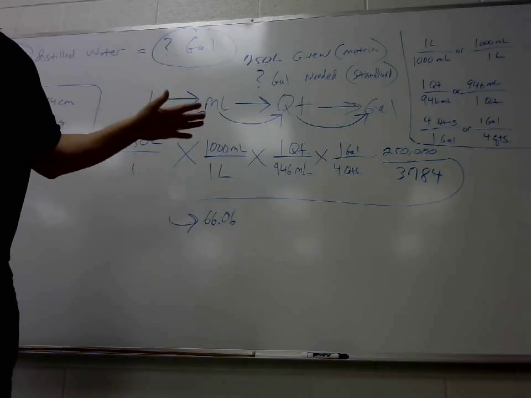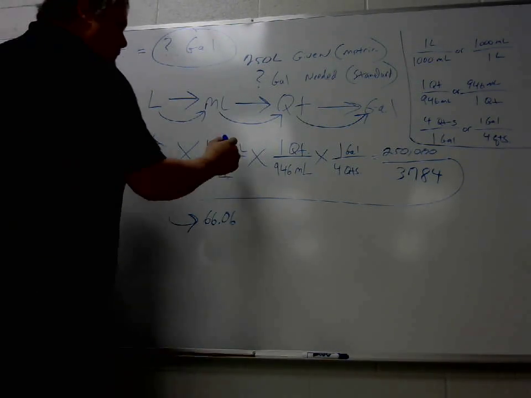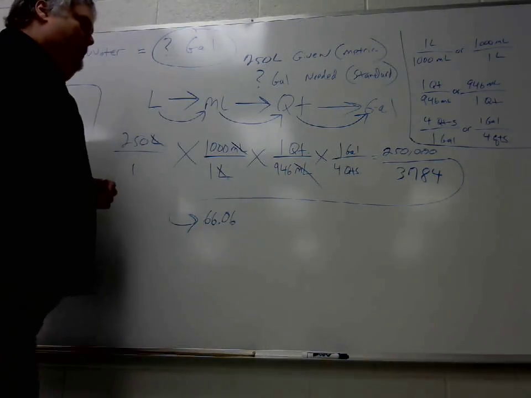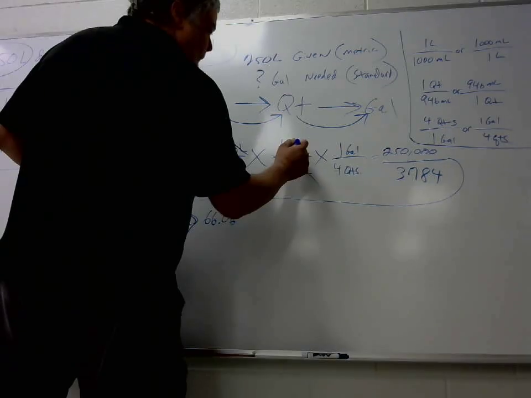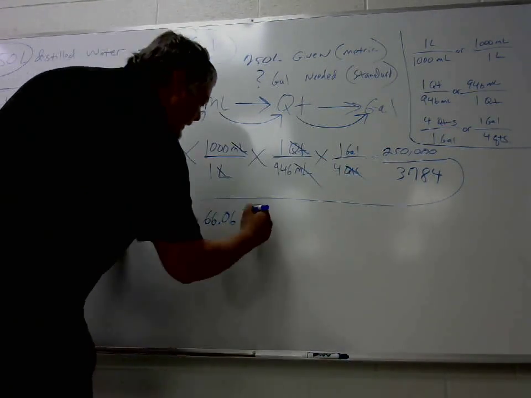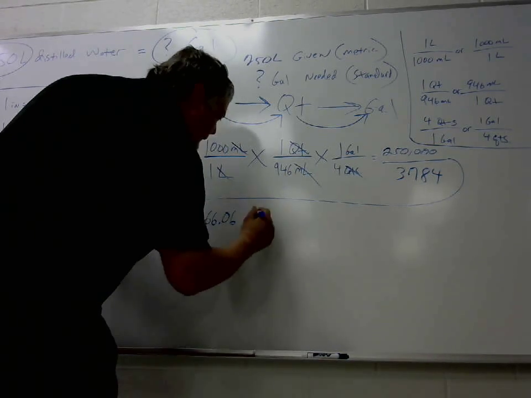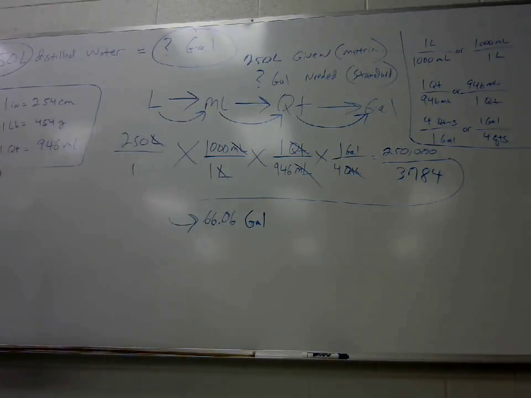If you've got liters up here and liters down here, you can cross them out. If you've got milliliters and milliliters, as long as there's one on the top and one on the bottom, you can cross them out. So quarts cancel, and that leaves us in gallons, which is what we were trying to wind up in when we started this problem.